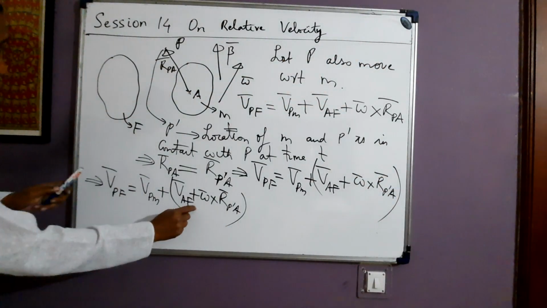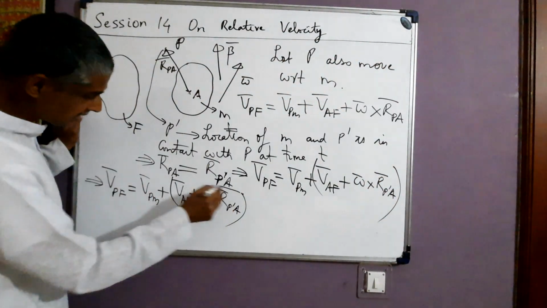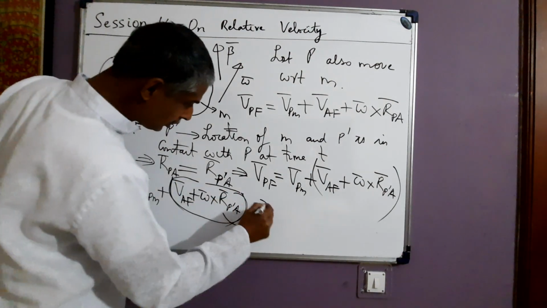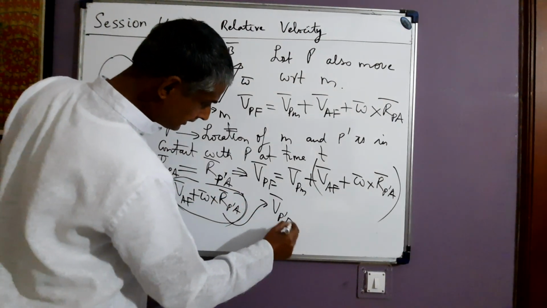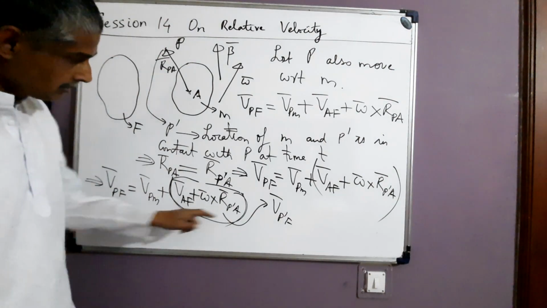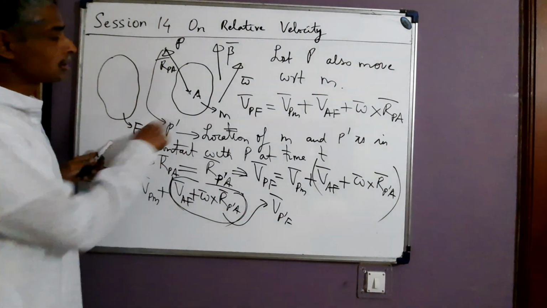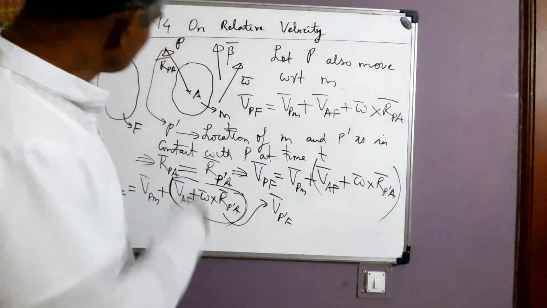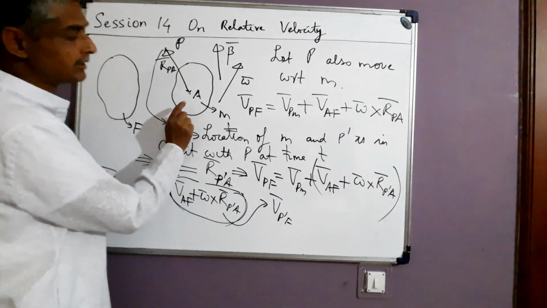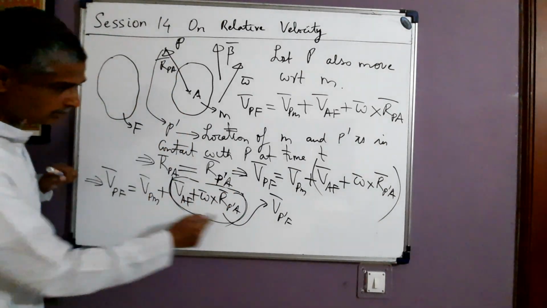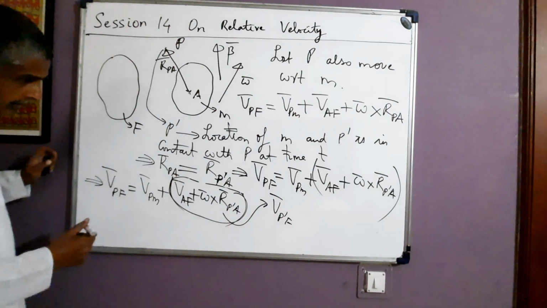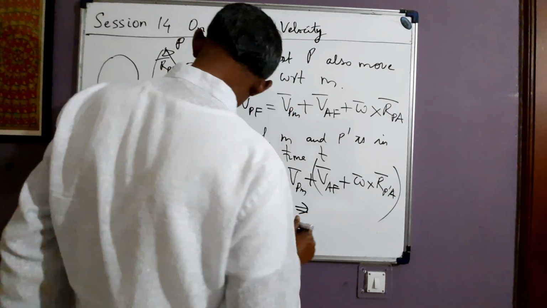That result we apply to this formula. So this quantity is nothing but the velocity of P dash with respect to F. P dash is a real or imaginary location of M, meaning P dash is fixed with respect to M. So this quantity can be replaced by VP dash F. So this means we get the following relation.